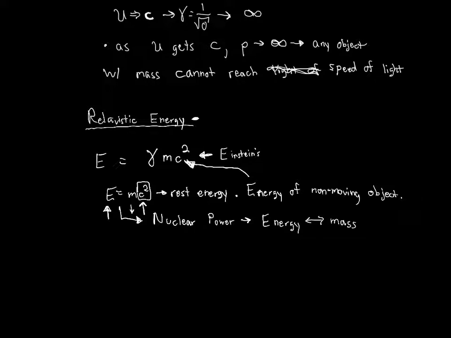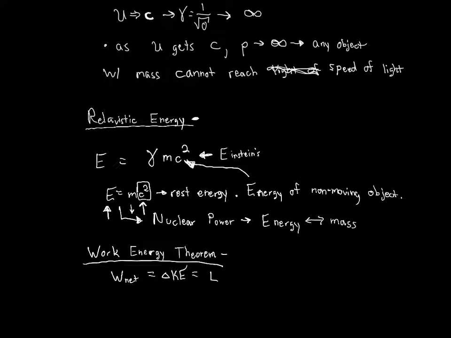And finally, last but not least, let's look at the work energy theorem and how it works in relativity. Hopefully we remember what the work energy theorem is, though we probably don't. It tells us that the net work you do on an object is equal to that object's change in kinetic energy. And relativistically, an object's change in kinetic energy is the energy minus the rest energy.